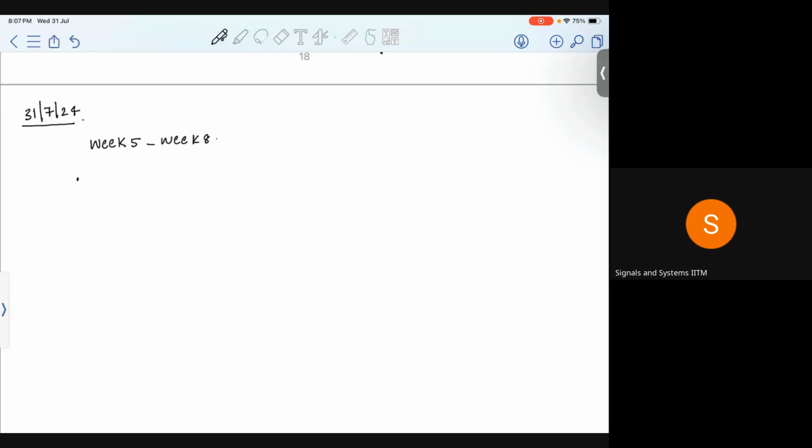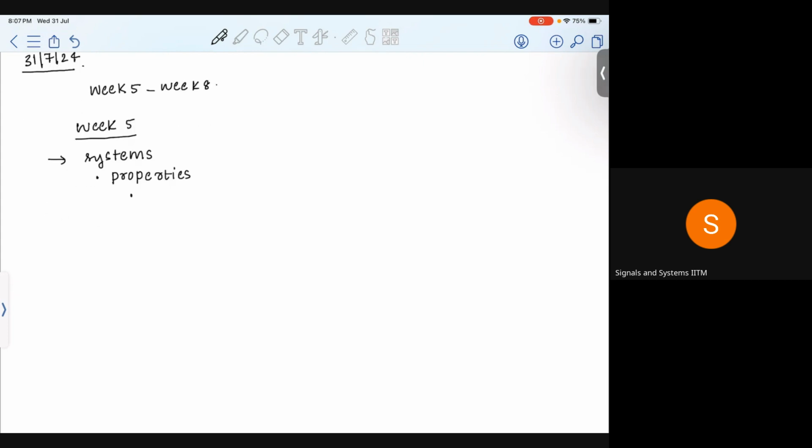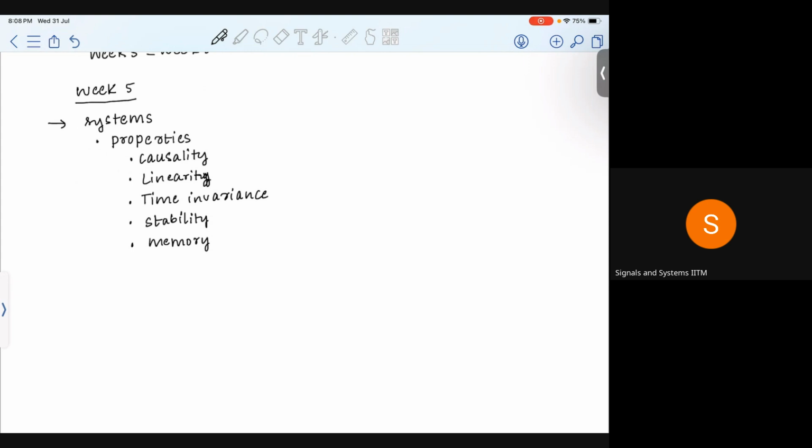In week 5, what we have seen is systems, and we have looked at different properties of systems like causality, linearity, time invariance, stability, memory, right?